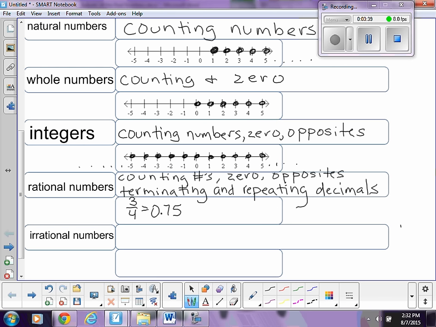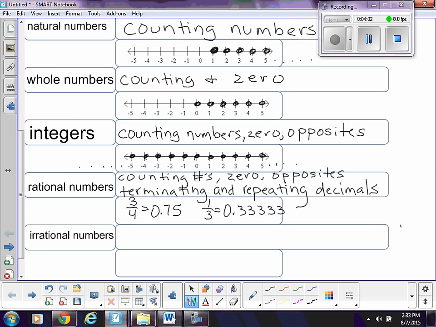Well, if we look at the fraction 1/3, and we write the conversion of 1/3, we're going to get a repeating decimal: 0.3333, and so on. Repeating decimals follow a pattern. So that's why they're called repeating decimals. It's a pattern that repeats.